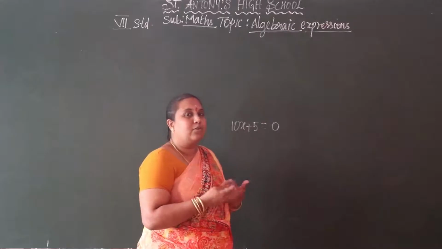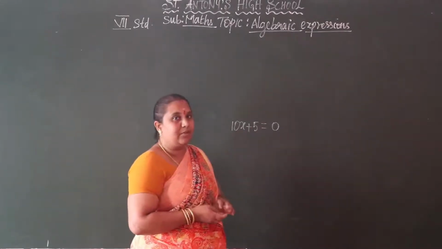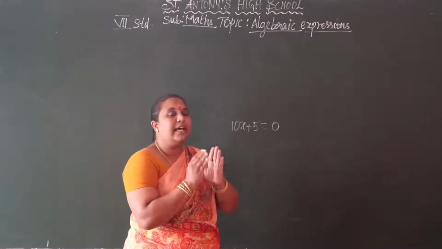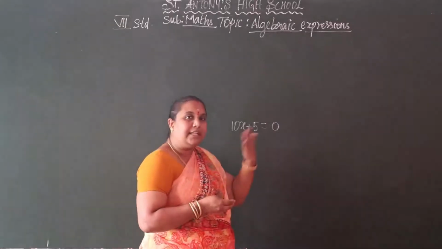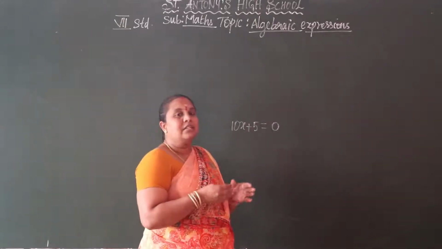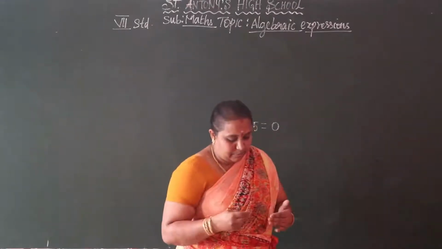Before we find the value of the equation, we have to learn some terms here. We have to know the expressions. This is an equation, the simple equation we read in Part 1. What is meant by an expression?